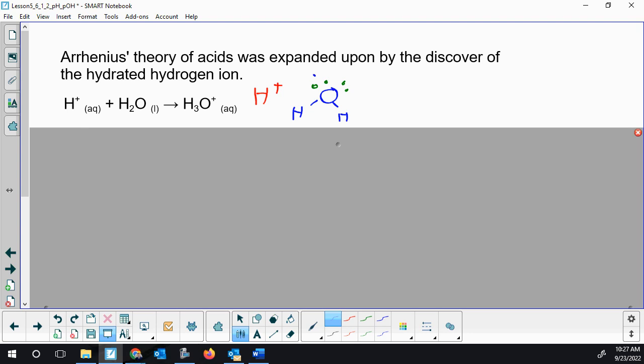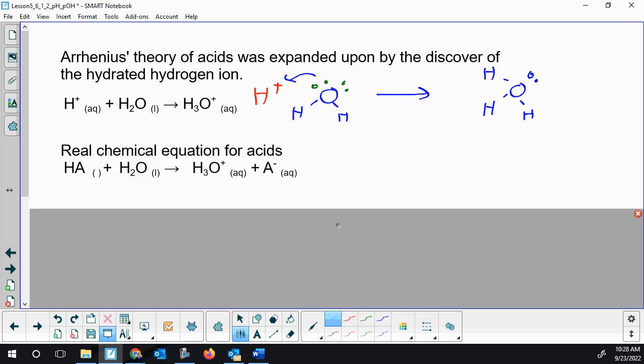A pair of electrons that's negative will be attracted to that positive, and the two just come together. So that hydrated hydrogen ion is originally a water, but it's picked up a third H and has a lone pair. So that's what we really get in modified Arrhenius theory: the hydrated hydrogen ion.